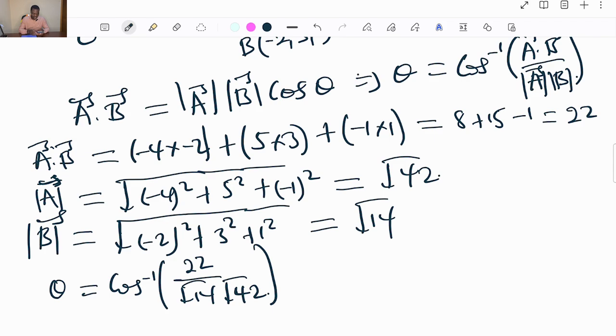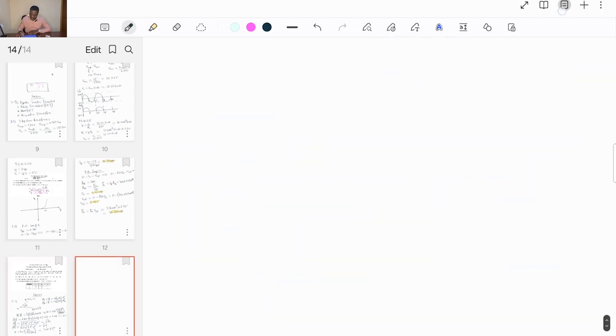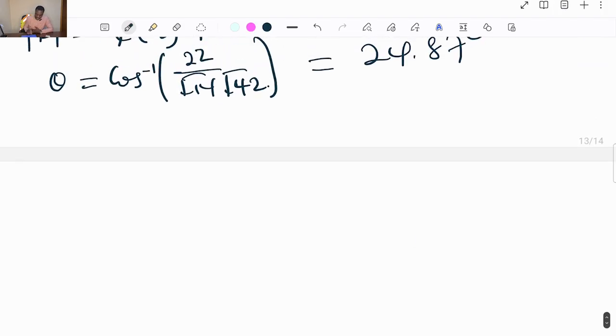Then we take cos inverse, and we get 24.87 degrees. So this becomes the solution for I. Let's move to II.